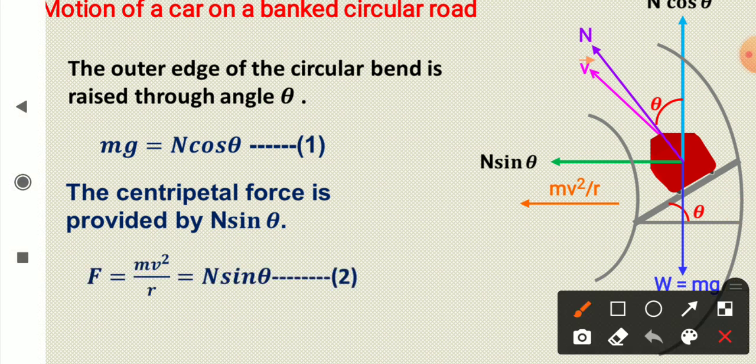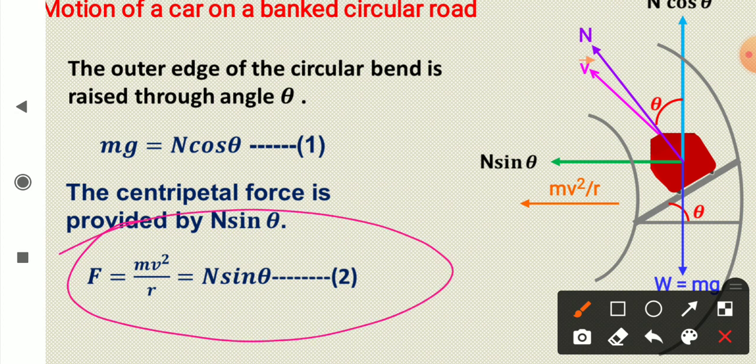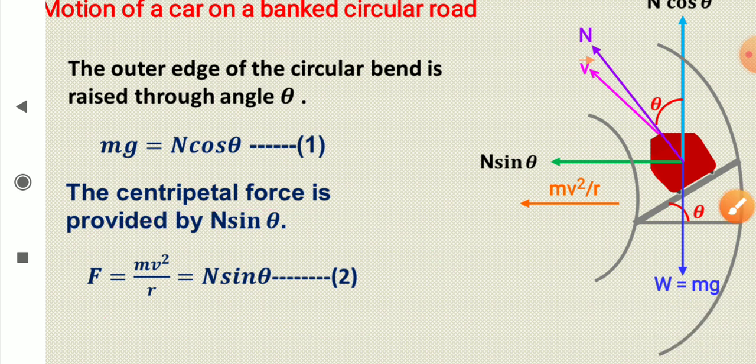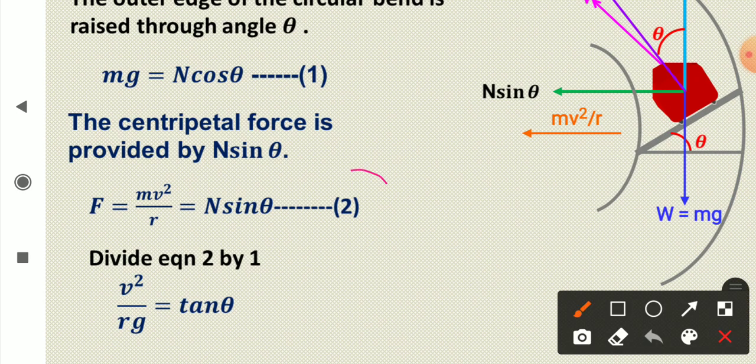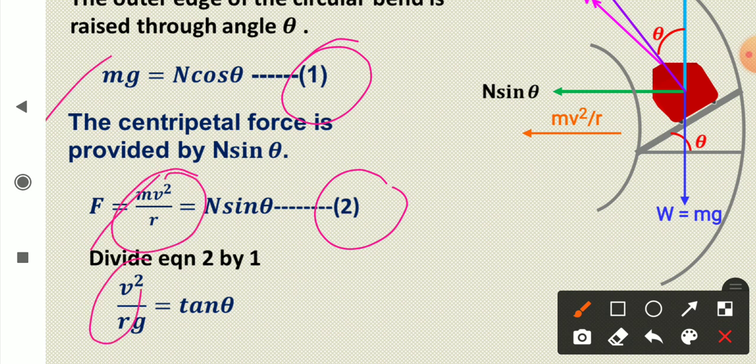So centripetal force F is equal to mv square upon r, which is equal to n sin theta. Now using these two equations, divide equation 2 by equation 1. You will get, see, m will be cancelled out, and this will be v square upon r, and this g also comes into the denominator, v square upon rg.